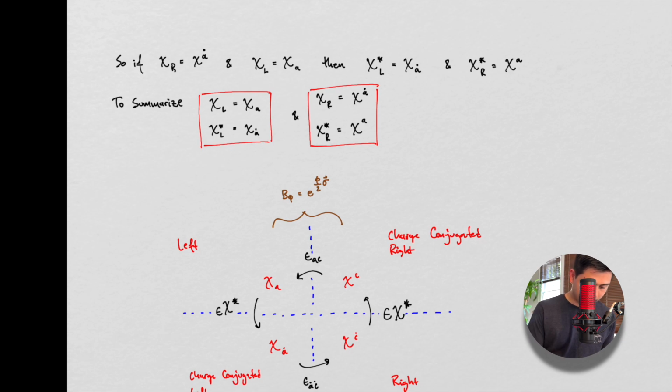So here's where the logic is. So if right chiral spinor equals a dot, and if left chiral spinor equals a, or x with a subscript, then this guy here is going to be this, and this guy here is going to be this.